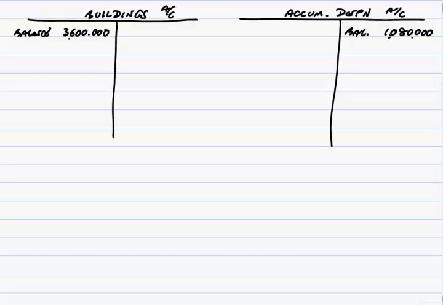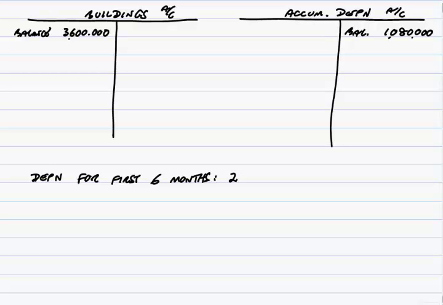We're going to revalue it on the 30th of June. Well, at the moment we're at the 1st of January, so we must carry on depreciating as normal up until the date of revaluation. So what's the depreciation charge? Depreciation for the first 6 months, well, we're depreciating 2% straight line. Now it's straight line, so it's an equal amount each year.